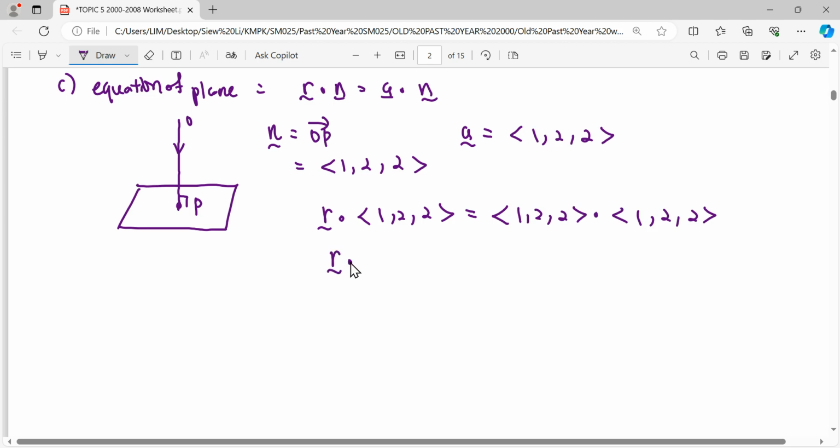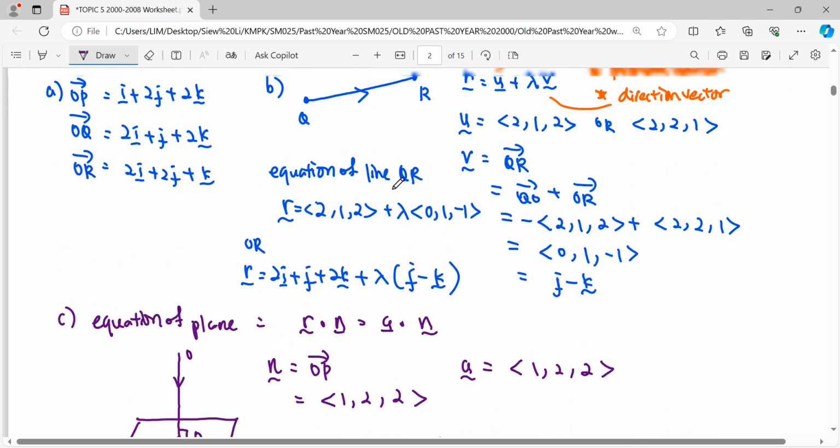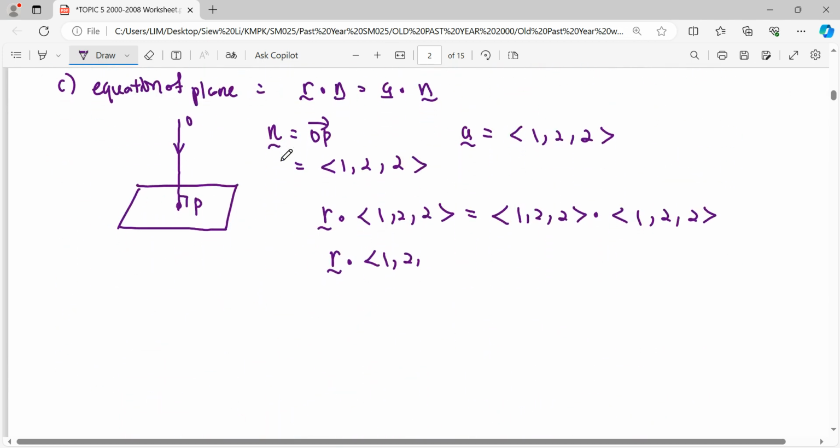So remain it in vector form. For the right hand side here, we simplify 1 dot with 1, we get 1. 2 dot with 2 will be 4. So lastly, r dot n equals to L, which is 9. So this is our equation of the plane in vector form.